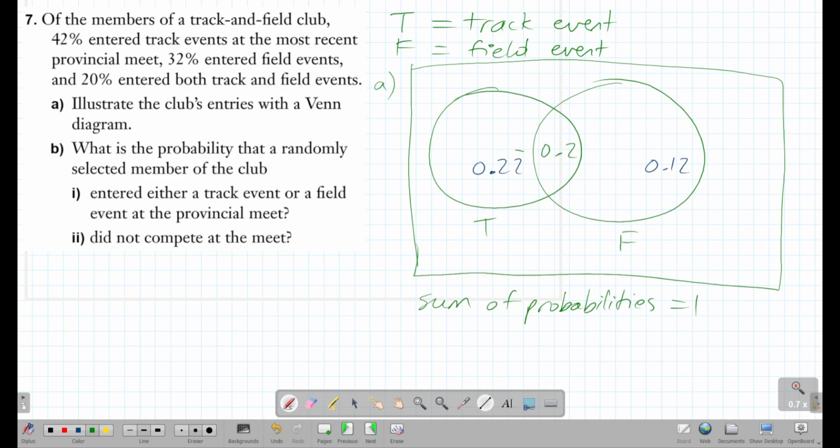If I add all three of these, and I add whatever is outside, let's call that x, that should give me 1. There is your equation.